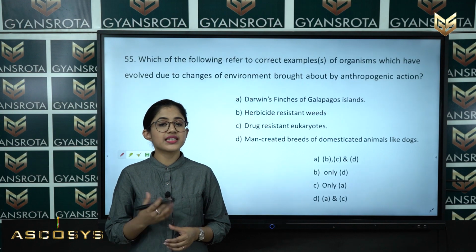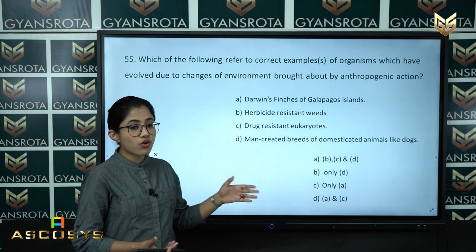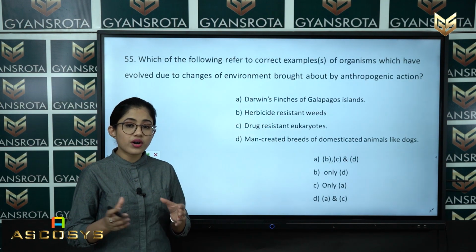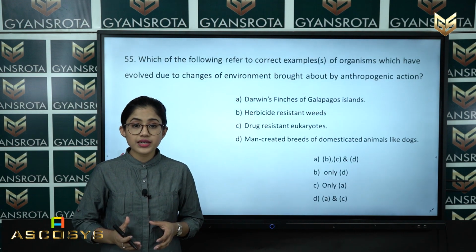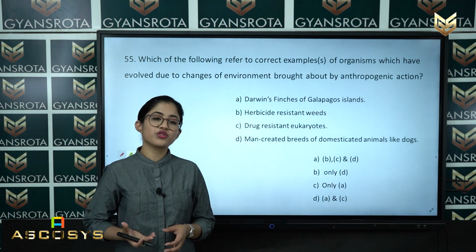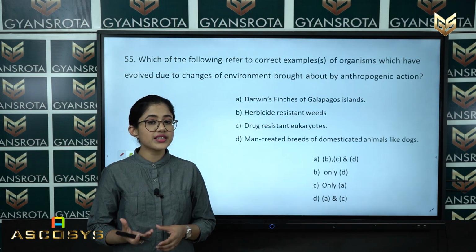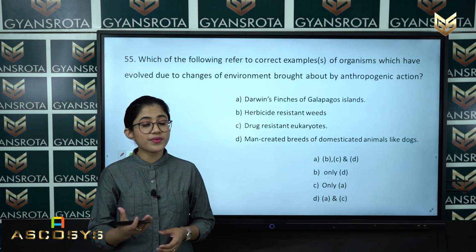So, student, this is from the chapter evolution. Among these 4 statements, we have to select the correct examples of organisms which have evolved due to changes of environment brought about by anthropogenic action. Student, what do you mean by anthropogenic action? It is the evolution due to interference by human beings.